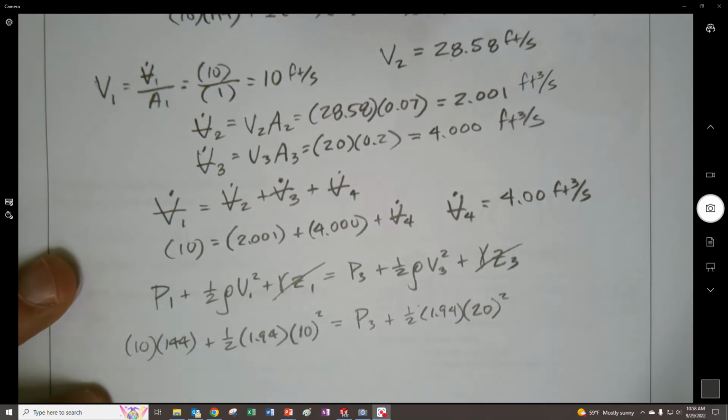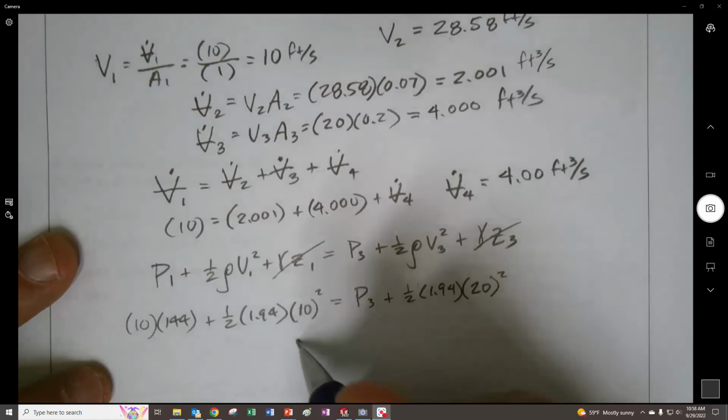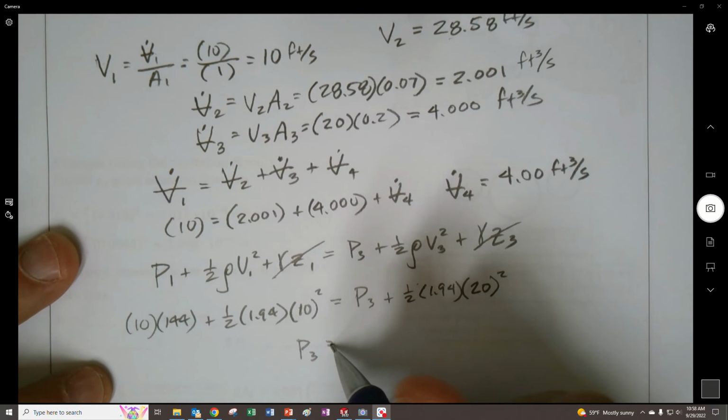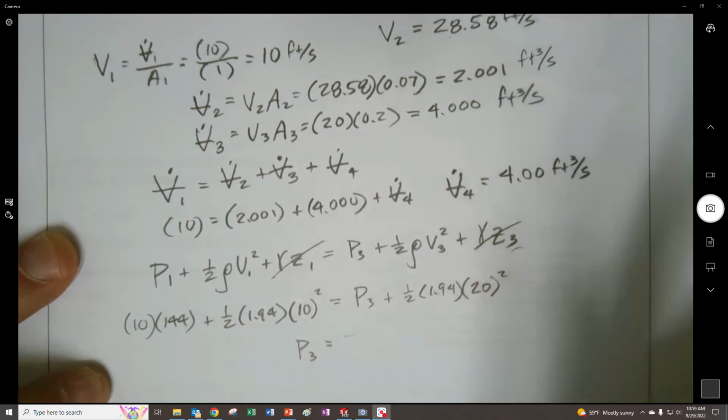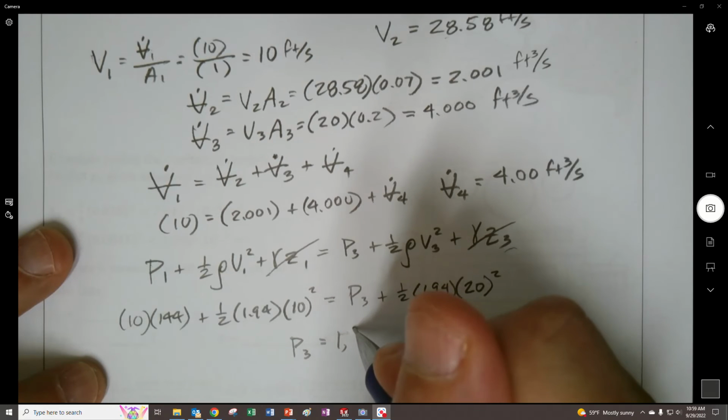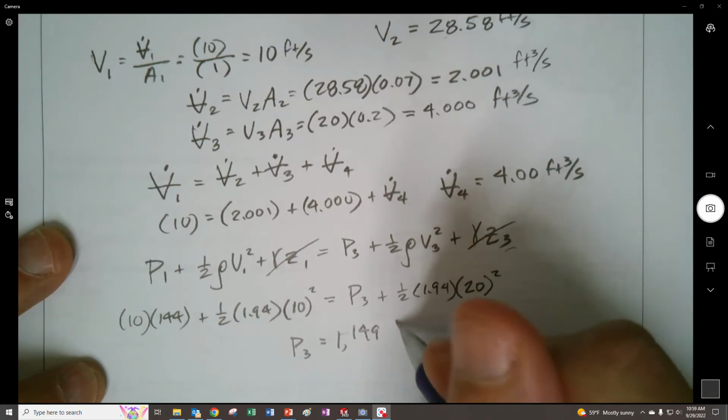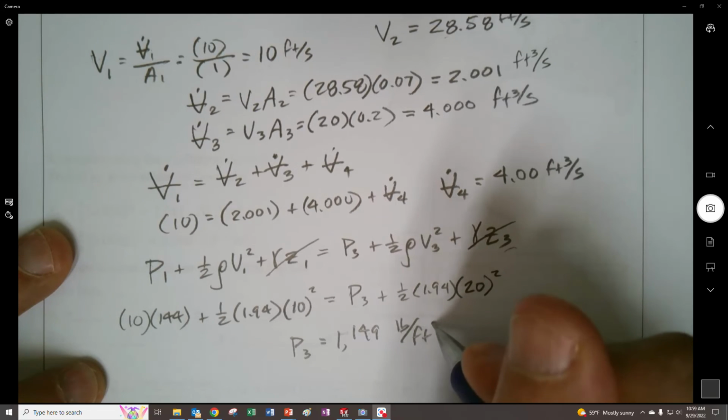And that's it, right? And so we can solve for 3, the pressure at 3, which ends up being 1,149, and these are pounds per square foot, remember.